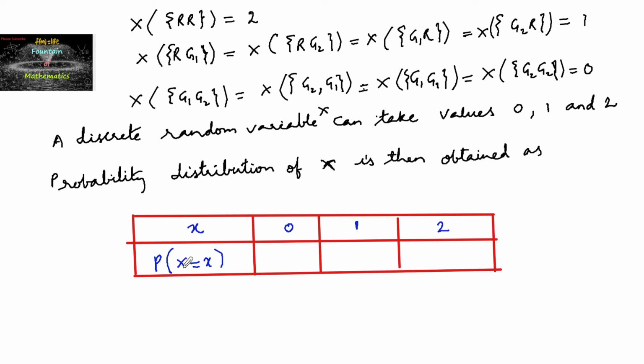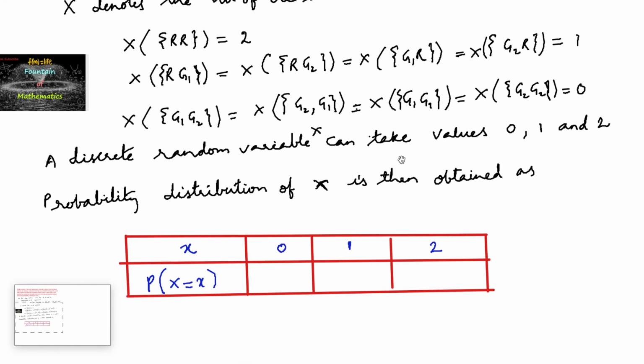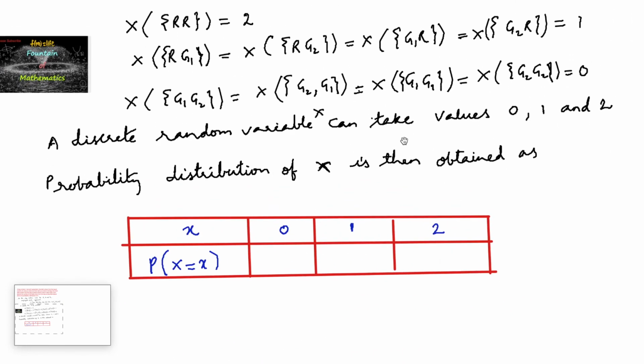So the probability at X equal to 0: how many are there? 1, 2, 3, 4. Total 4 are there, out of the sample space which has 1, 2, 3, 4, 5, 6, 7, 8, 9 elements. So out of 9, 4 outcomes have 0. So we can say 4 out of 9 is the probability.